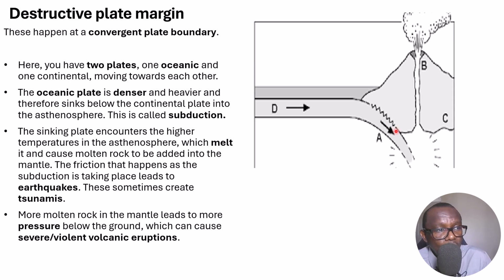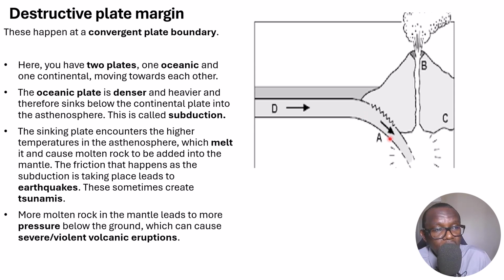the continental plate. As it goes underneath, the friction that it causes is likely to lead to earthquakes. Also, because it's sinking towards the asthenosphere, the upper mantle, where the temperatures are fairly high, around 1,300 degrees Celsius, that plate is going to begin to melt.